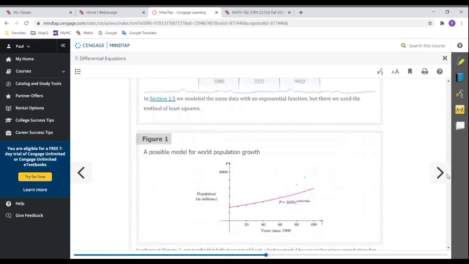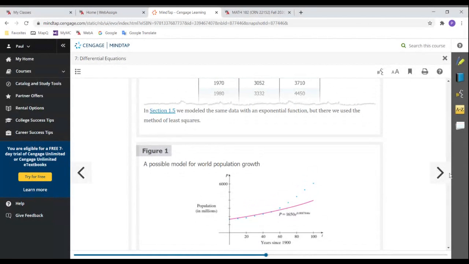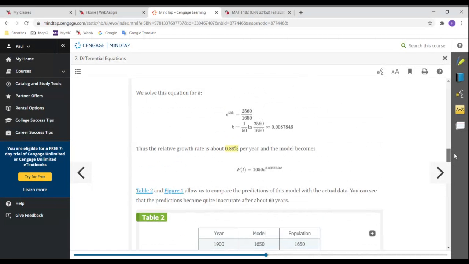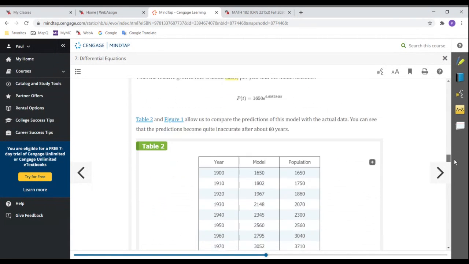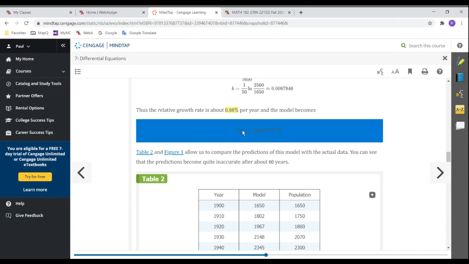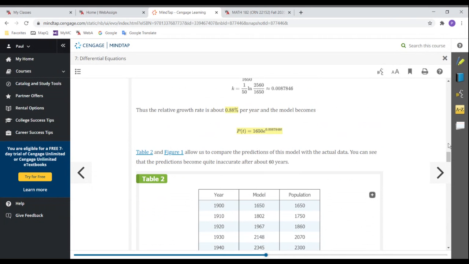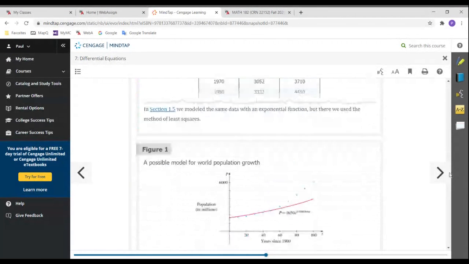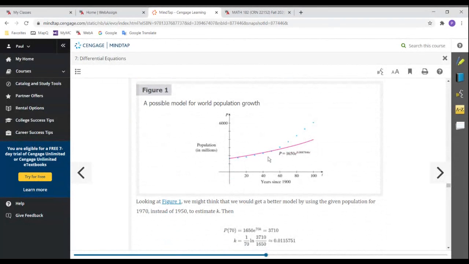What they do then is graph this population model. They superimpose it over the data values.